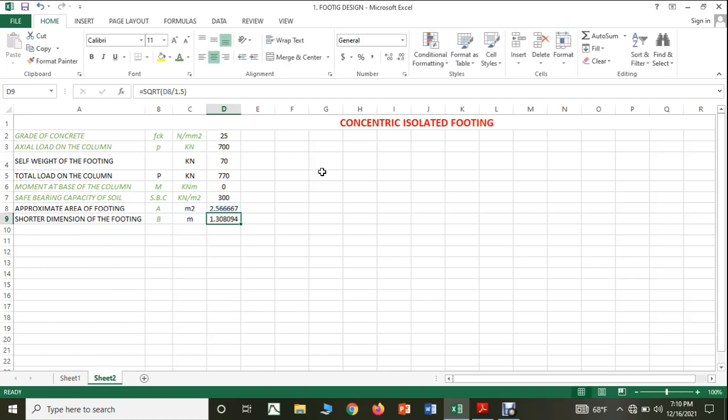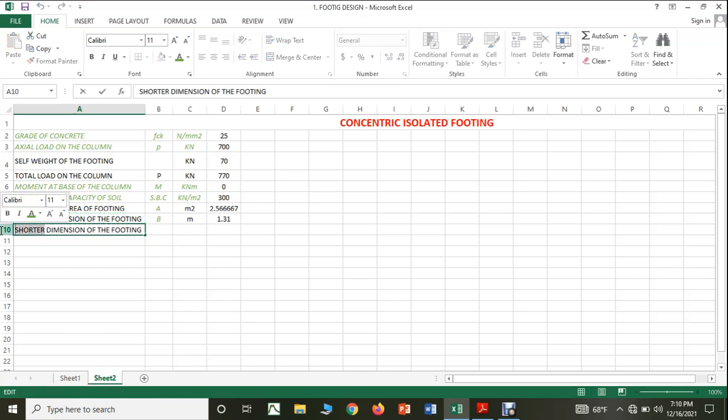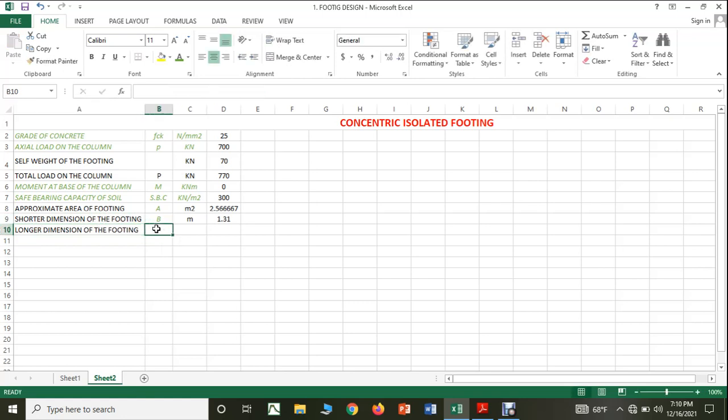So that will give you 1.38. You can round it off to 2 decimals, right? Then once you get the shorter dimension, you can get the longer dimension also, as L in meter.